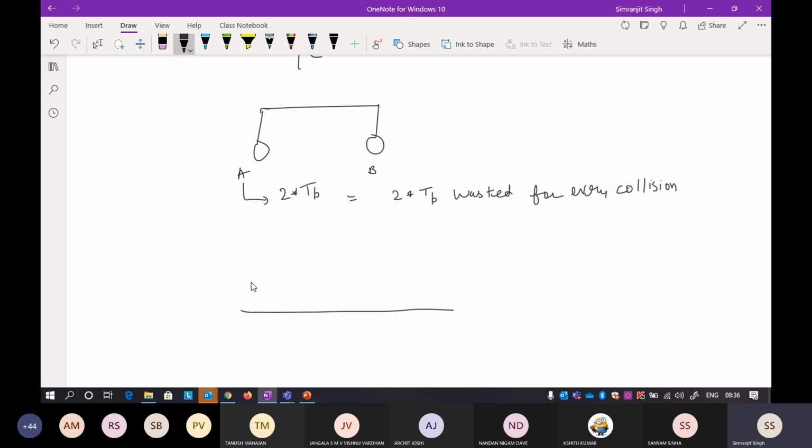Suppose in the time slot when A is sending the packet to B, it will require at least 2 into TP time, as you already know. For this amount of time you are doing nothing, sitting idle. So this much time is wasted whether your communication is successful or unsuccessful. Suppose this is an unsuccessful communication, so there is a collision.